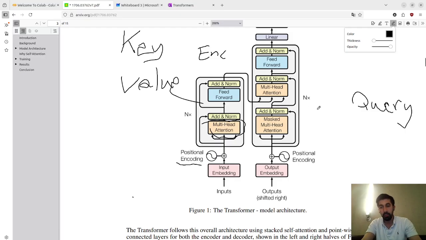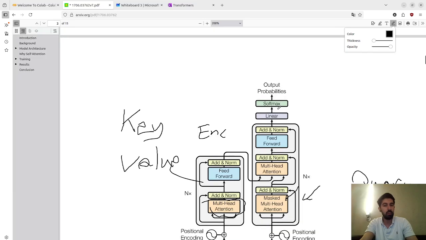The first time we do masked attention with the masking every word ahead. We add and normalize, and then we do multi-headed attention with the key and value coming from the encoder, and the query coming from the masked multi-headed attention. We add and normalize, and we do a linear and softmax at the end.